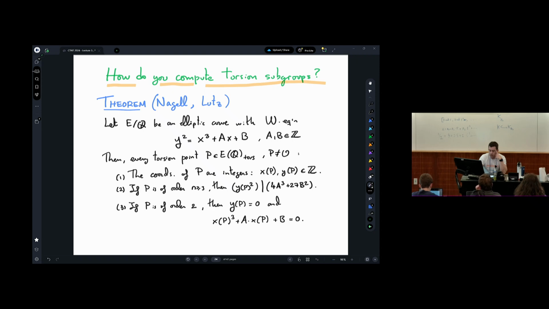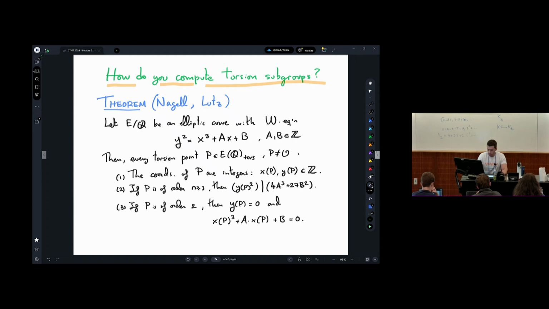I think that's no longer true, but depending on the number field, depending on the ramification in that number field, I believe you have a cap on what can be the denominator of your integers. So you can bound it, it has to be in some S-integer ring that you can control. But let me not try to state this now in the number field case. But you definitely get some similar statements to this over a number field.